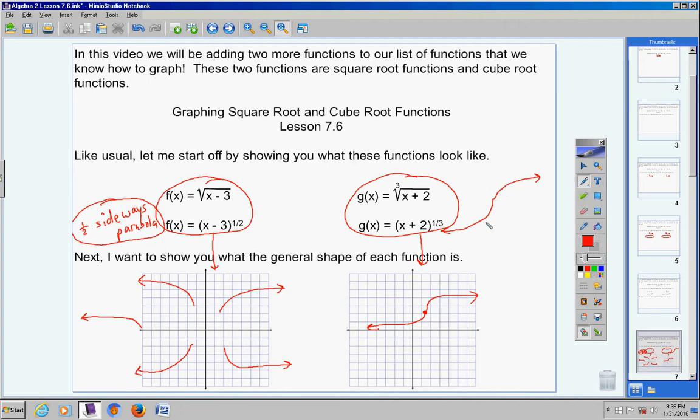Now, this part here is never a straight line. It'll have a curve to it. Some will have a real gradual curve, and some will be sharper, but it will not be a straight line, okay? So, the graph can be really skinny like this with a little curve, or it can have a really wide curve, okay?